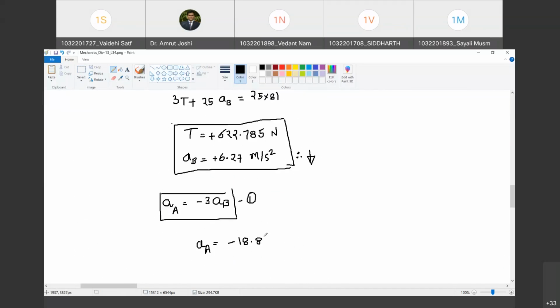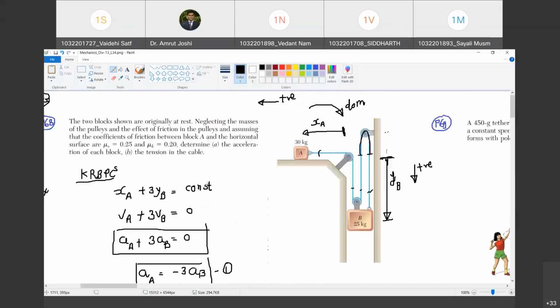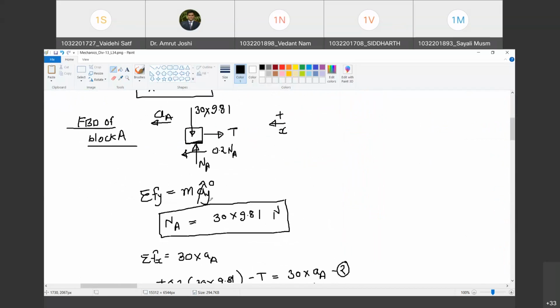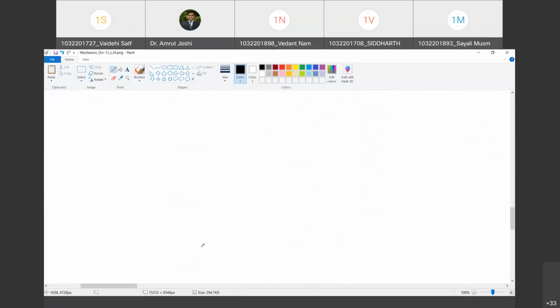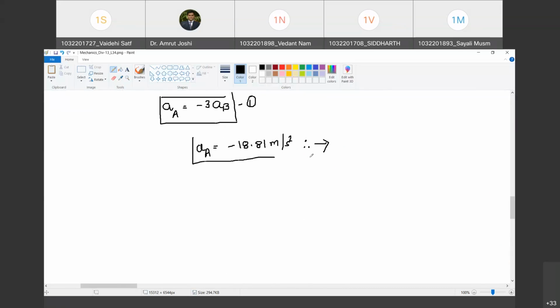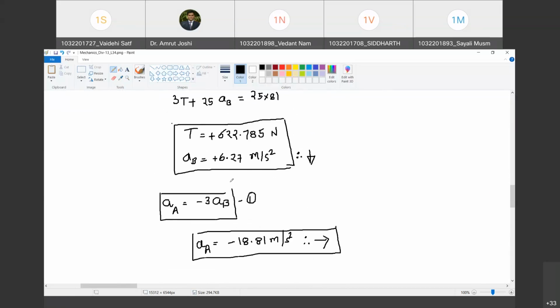Yes, sir. Meter per second square. And we have to understand that minus sign indicates the originally assumed sense of acceleration is incorrect. What was the original assumed sense of acceleration? Towards left. So that is incorrect. Therefore, this acceleration must be towards right. Are you with me? Yes, sir. Which was expected. So B accelerates downwards and A accelerates towards right. Happy? Yes, sir. So these are the answers.